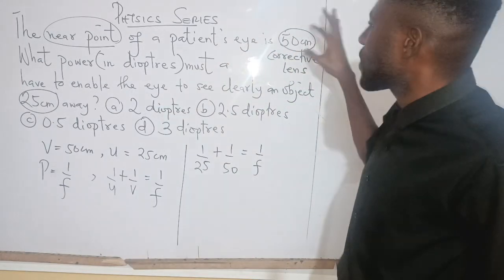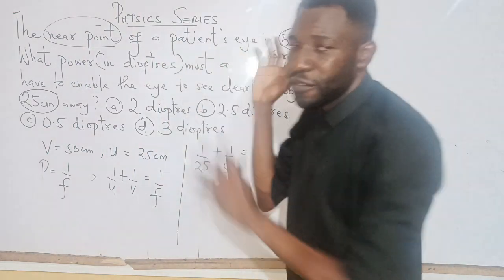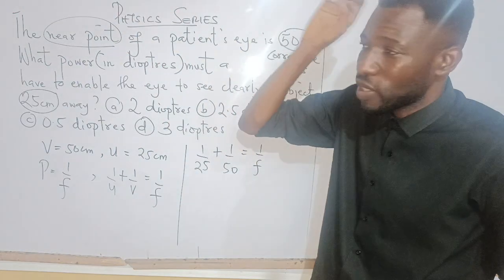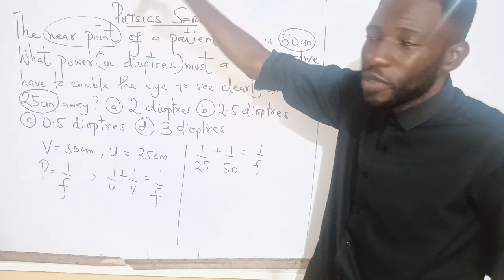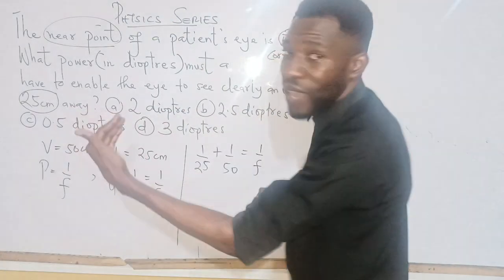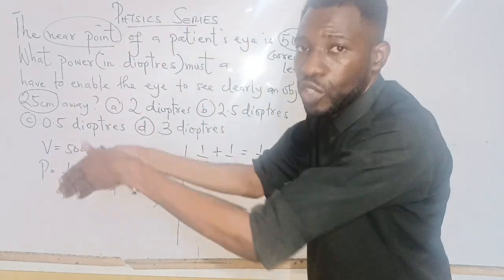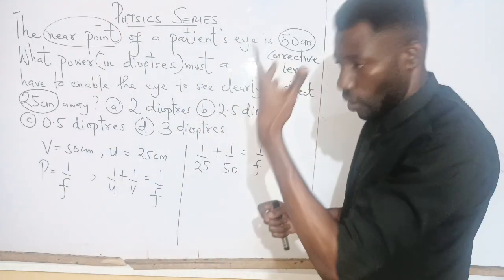Why? The person can see 50 cm. That's the capacity the person can see: an image of an object placed at a distance of 50 centimeters. But now we need the person to see 25 cm away. So we still need the image to be formed in front of the lens of the eye.